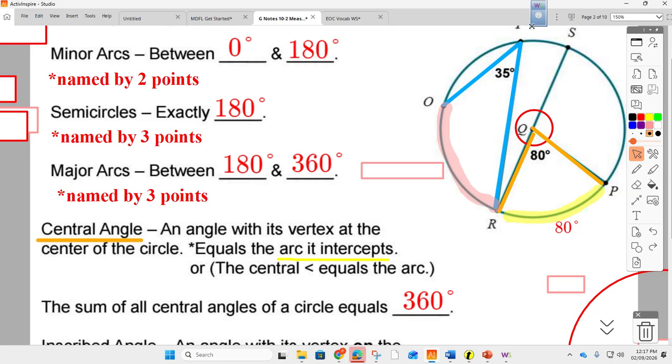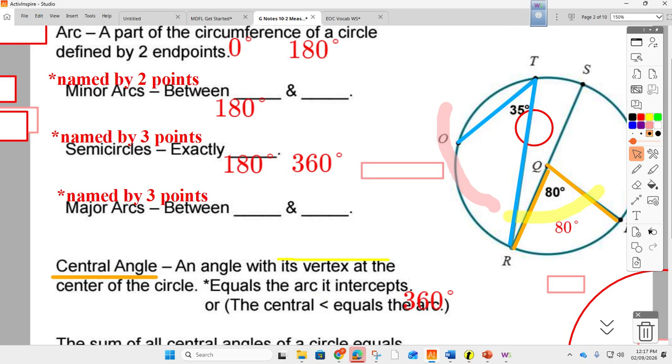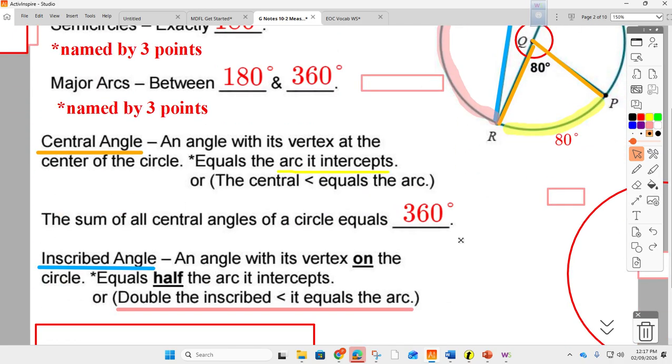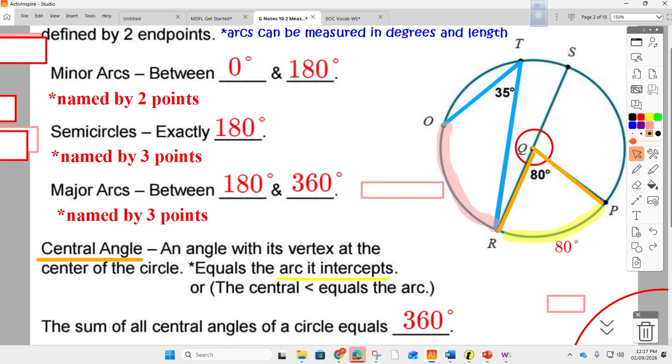Also, the arc's degrees add up to 360 degrees. And that makes sense because the central angles are always congruent to the degrees of the arc that are measured in the arc, okay? But the inscribed angle is an angle with its vertex on the circle. So you got to remember your vocabulary. Vertex means where the two segments meet to form the angle. That point is the vertex.